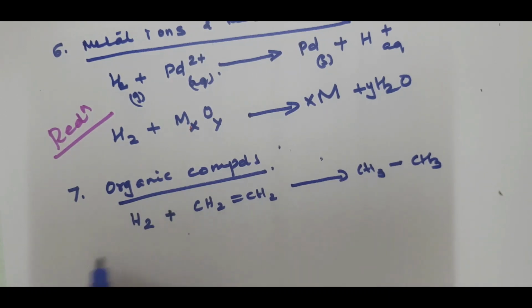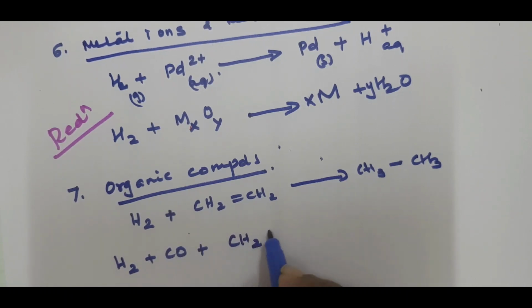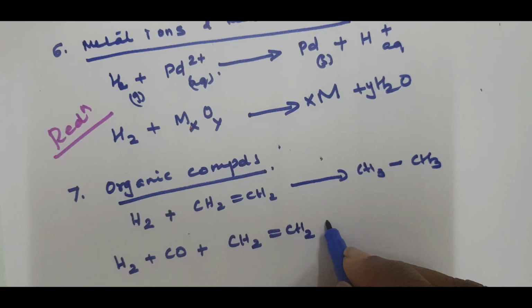First is hydrogenation. Second is hydroformylation of olefins to yield aldehydes, which further undergo reduction to give alcohols. Hydrogen plus carbon monoxide plus any alkene, for example CH2=CH2, will give you an aldehyde. You will study this in organic chemistry more.